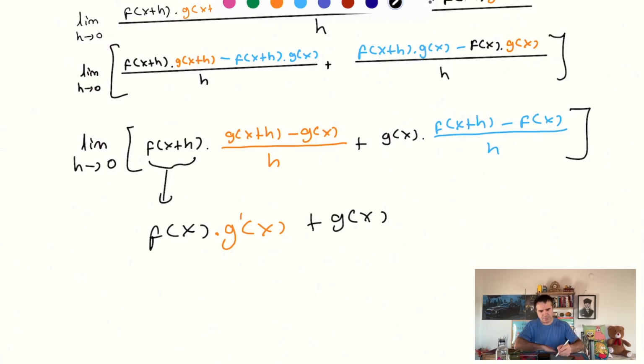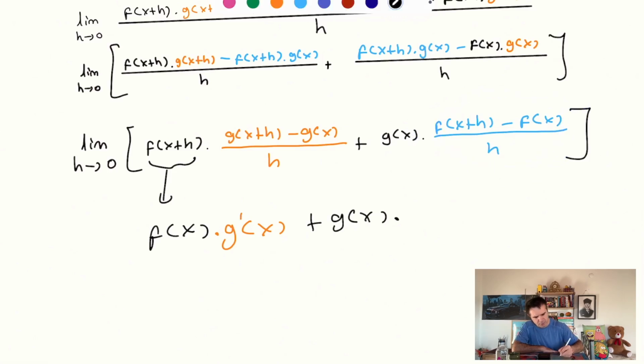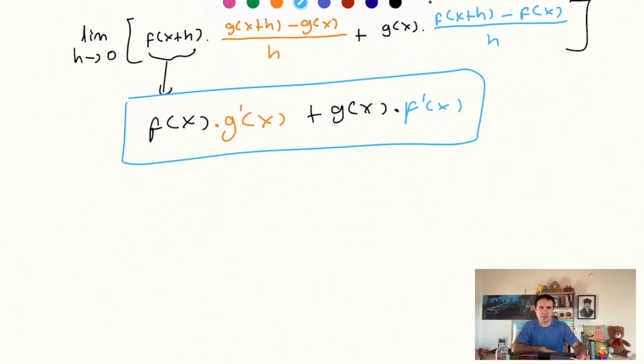And this part is the definition of f prime of x. So this is equal to f prime of x. So the proof is completed. See you in the next video.